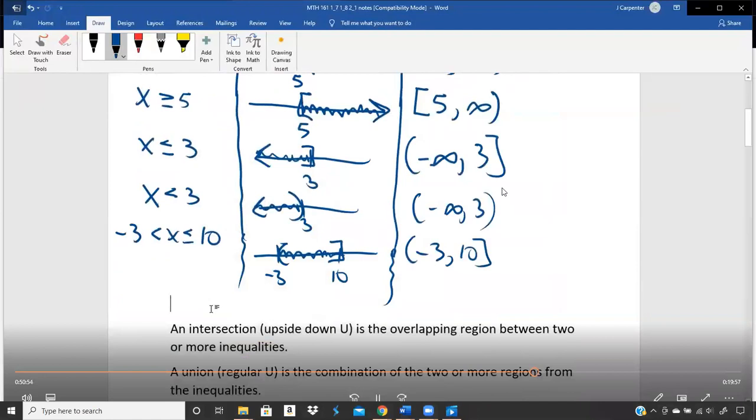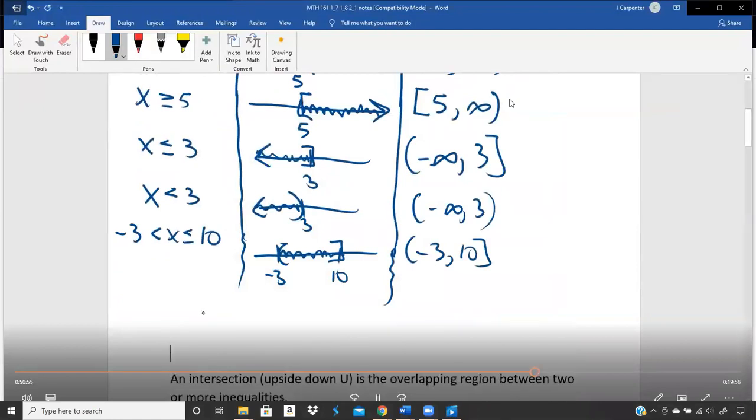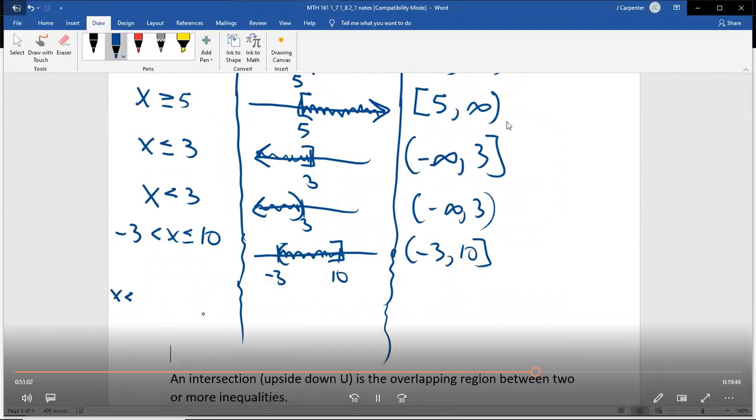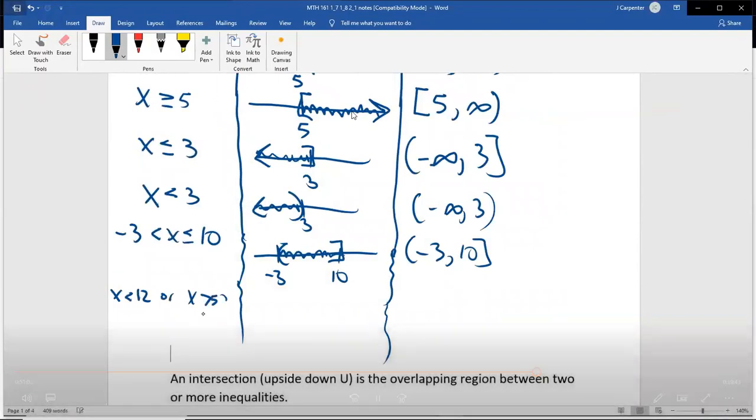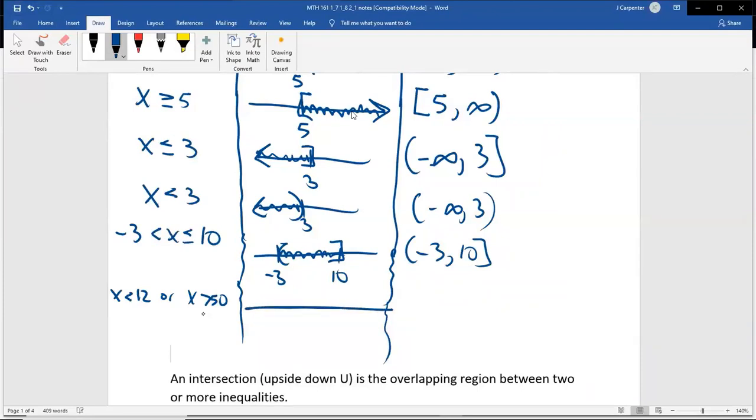We can also see, last one, something like this. X is less than 12 or x is bigger than 50. This is a solution with a gap, and this is something that might be new to you.